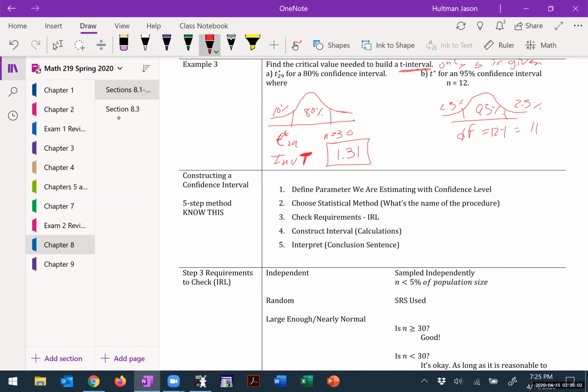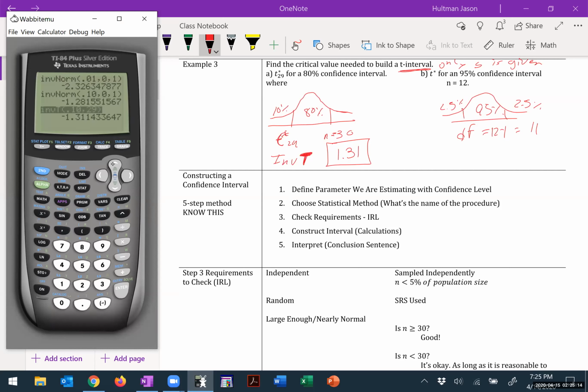Okay, 12 minus 1, which is 11. So let's plug this into the calculator again. Second bars, inverse t.